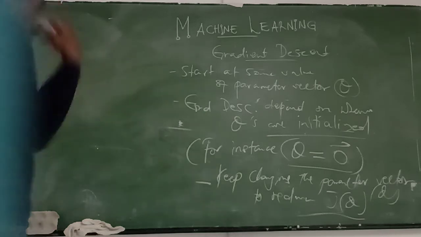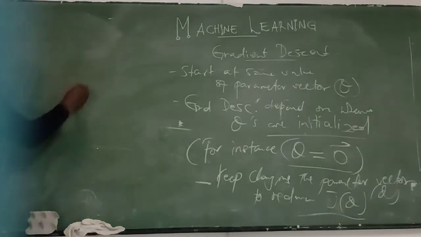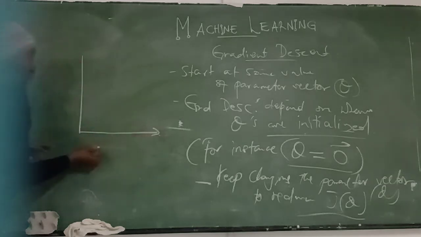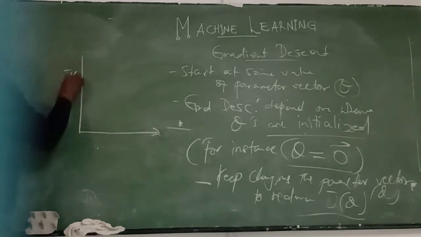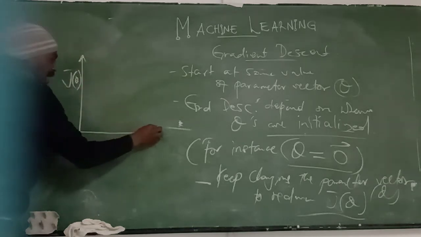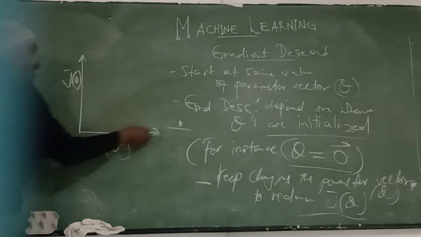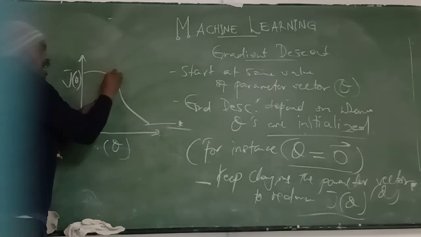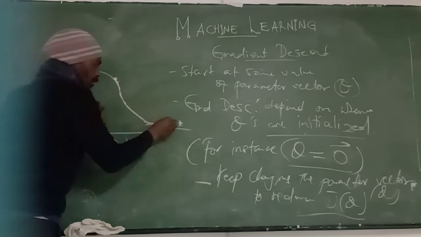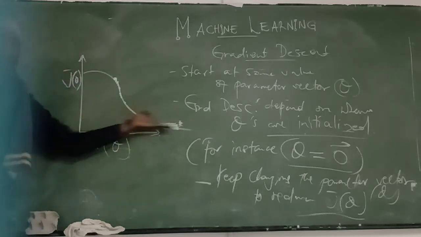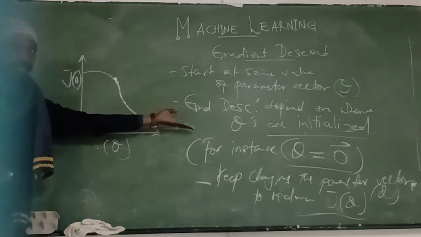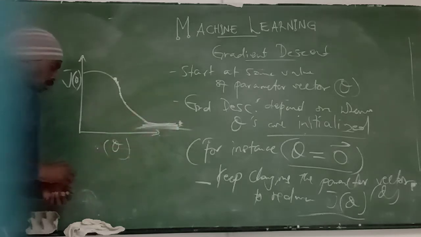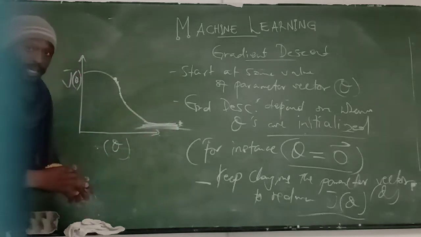Say for instance you have a hill. If you start somewhere on the hill and take small steps going vertically downwards, you end up at the bottom of the hill, depending on how many steps you take or which direction you take.